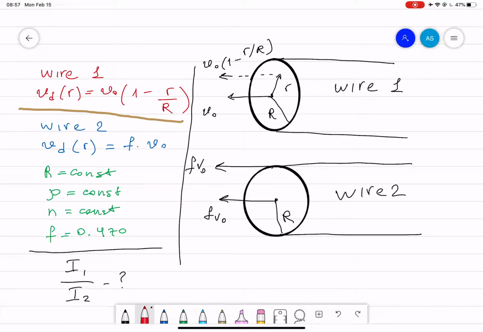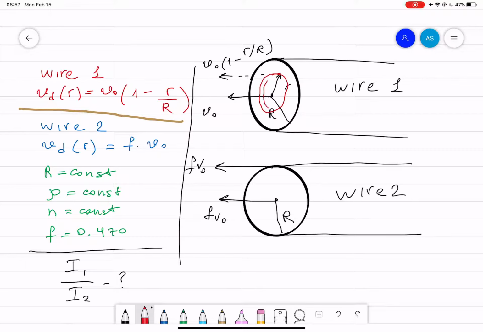First of all, we know that in wire 1 the drift speed is not constant. It's actually varying depending on the radius. So what we can do is take a small ring in wire 1.